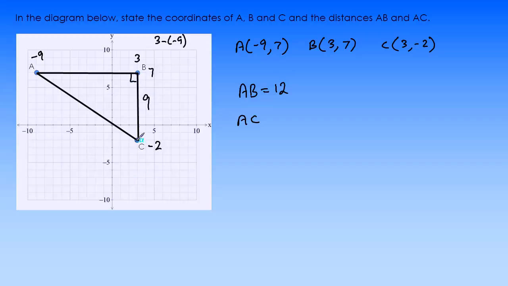And note, this is a right-angled triangle. We know this distance here is 12. So we can use Pythagoras' theorem to get AC. AC is the hypotenuse, so AC squared is going to be 9 squared plus 12 squared. Let's just calculate that.